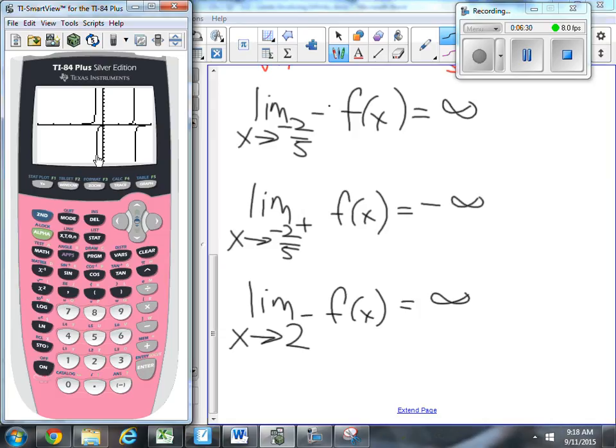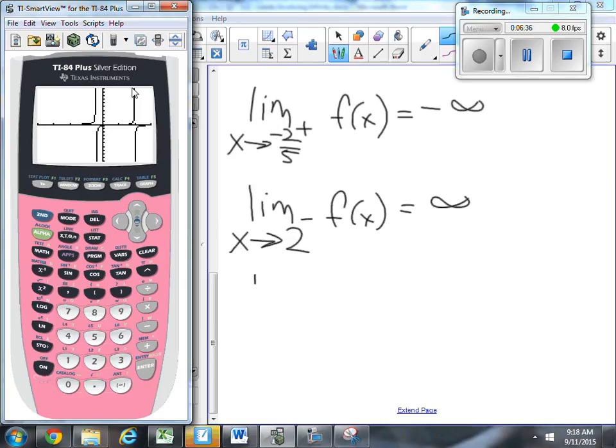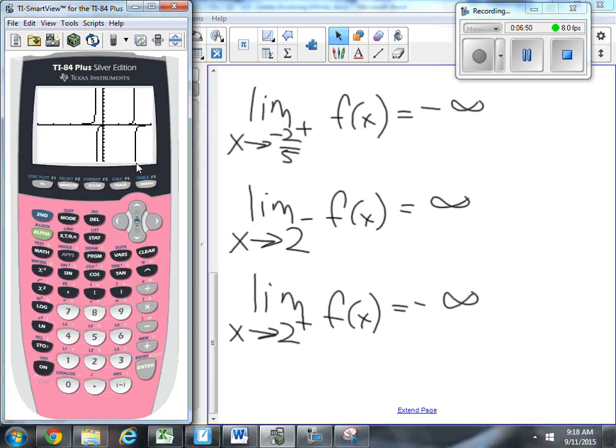I'm coming at it from the negative side, and I'm going positive right there. And my limit as x is approaching 2 from the positive side of f of x, well, negative infinity. So that's a nice little factoring and limit problem.